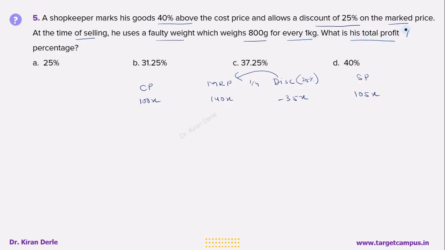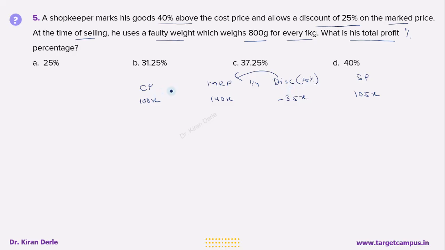What is his total profit percentage? If you observe, if the shopkeeper were not using this faulty weight, his cost price would be 100x and his selling price would be 105x, and he would be getting 5% profit.